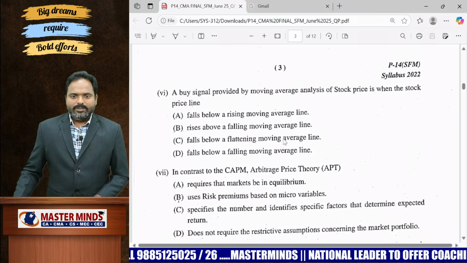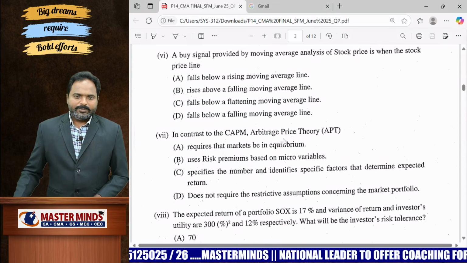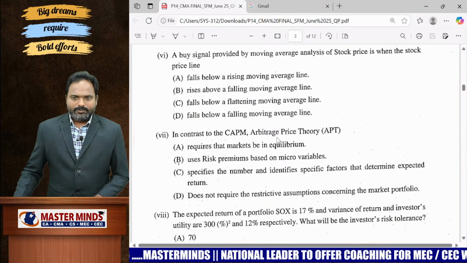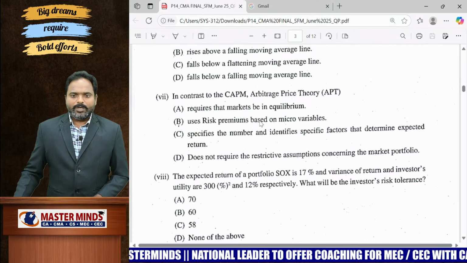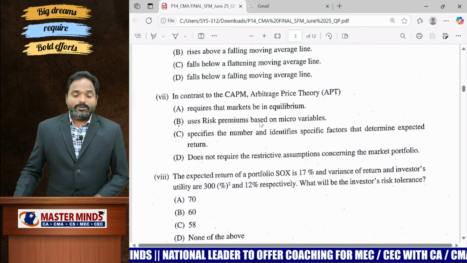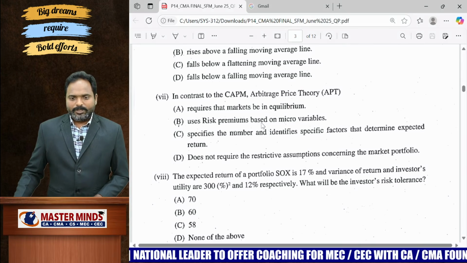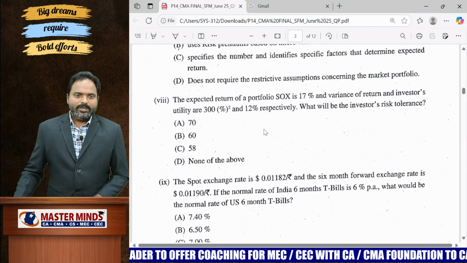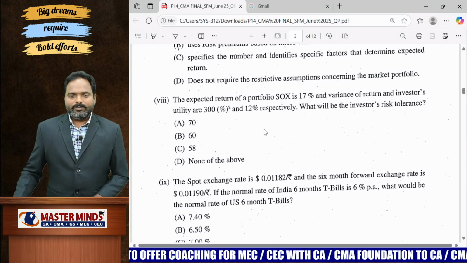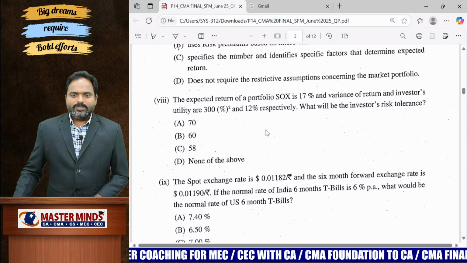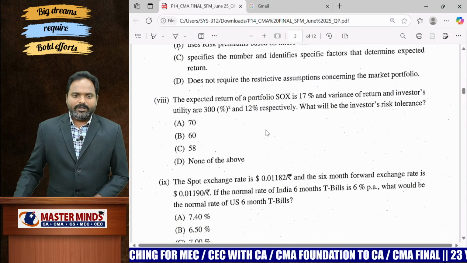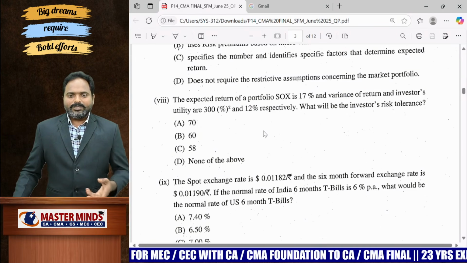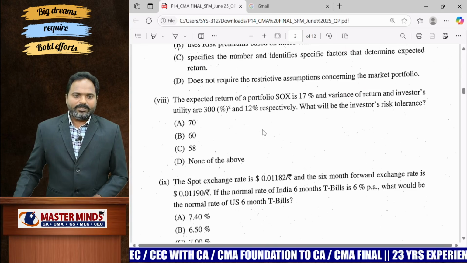Next, this is again from portfolio management: a direct MCQ from your institute material, also from arbitrage pricing theory. Next one is not a direct MCQ, but there is an example in your institute material, and from that they are framing an MCQ on risk tolerance. It is covered in the theory portion only, but students may face difficulty answering this MCQ.